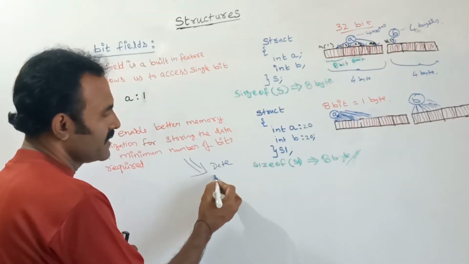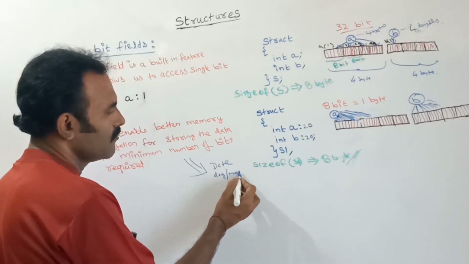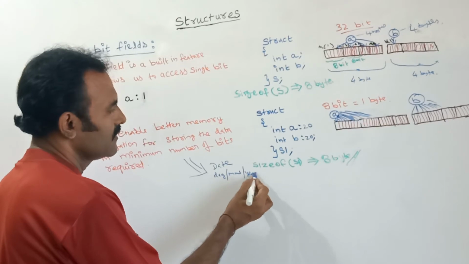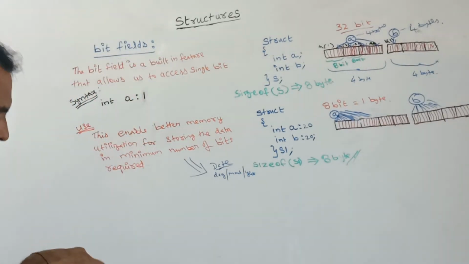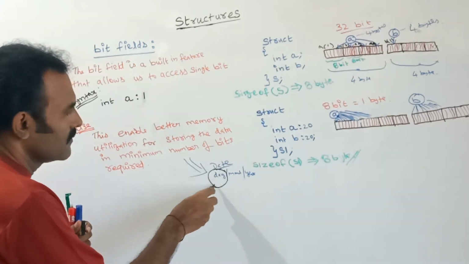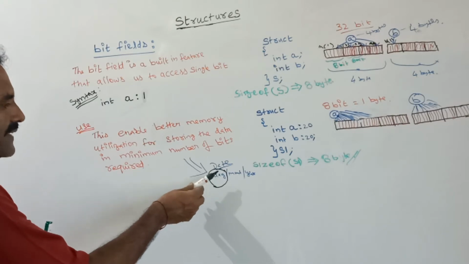What is the format of the date? First day, next month, after that year. Let us take this day. What data will be stored in the day?